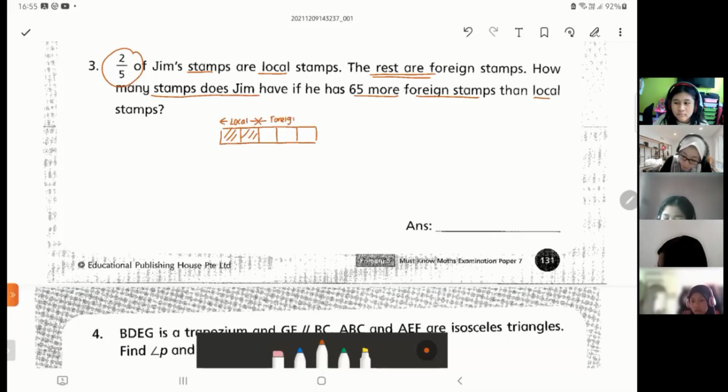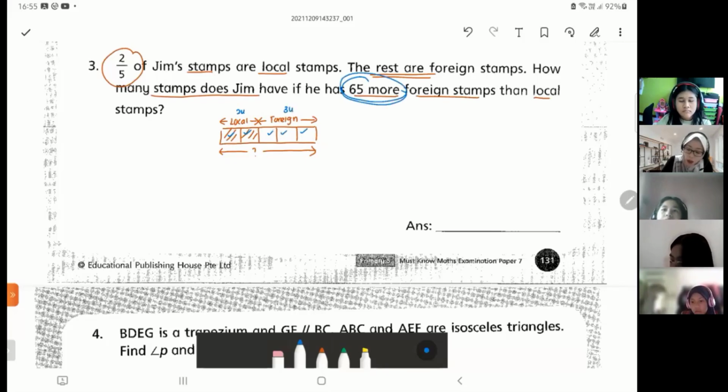And then I want to know how many stamps he has. I want to find everything, the total. Now, let's indicate how many units are local stamps. 1, 2. Foreign stamps is 1, 2, 3. They are comparing between the foreign stamps and the local stamps. So when I'm comparing, I am simply taking away, finding the difference.